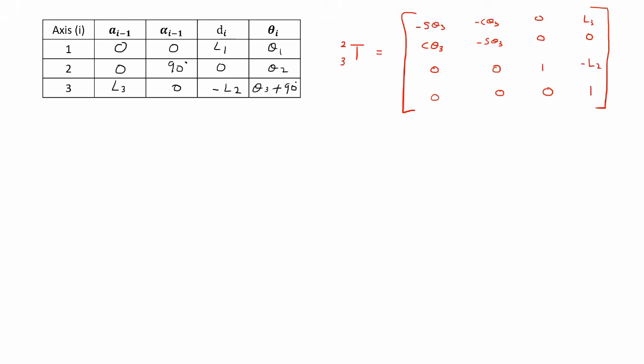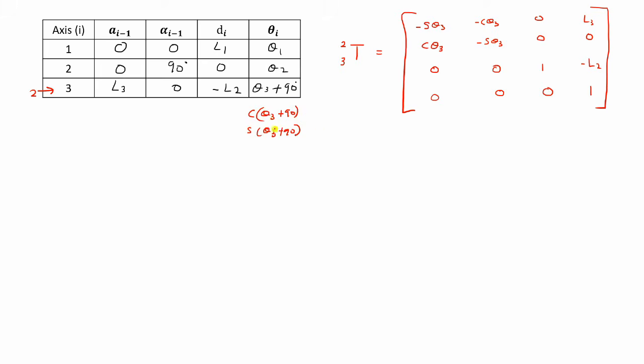Right, so you can solve in a similar manner for the last set of axes, which is 2 to 3, and you would actually have theta 3 plus 90 degree terms. For example, cos theta 3 plus 90 and sine theta 3 plus 90.